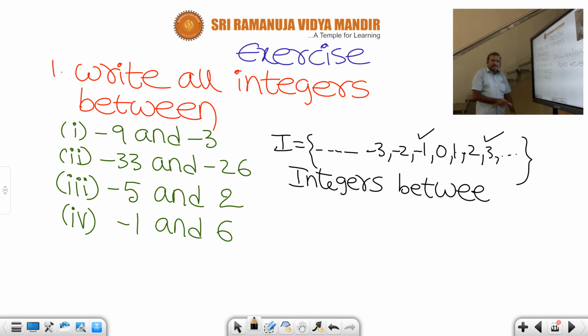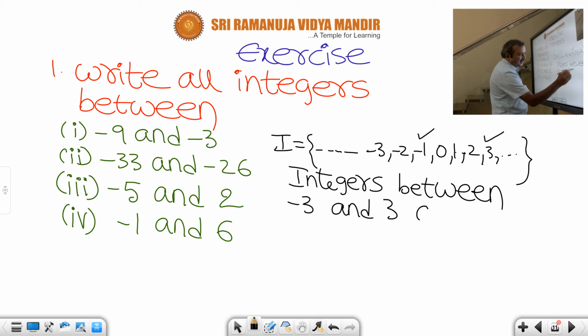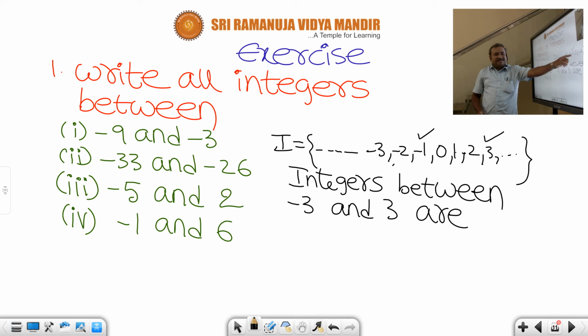Now another example. Integers between -3 and +3. The integers between -3 and +3 are -2, -1, 0, 1, 2.